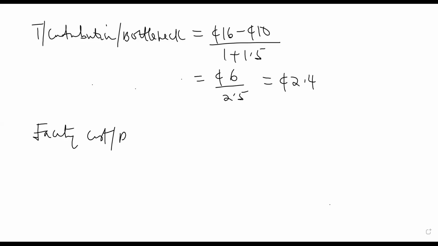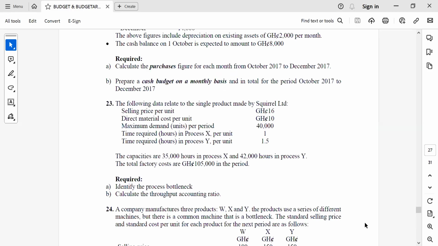Factory cost per the bottleneck. What is the total factory cost given to us? 105,000. Please don't be tempted to calculate the throughput accounting ratio for the processes. Throughput accounting ratio is always calculated for the material or the product, not the process it passes through.